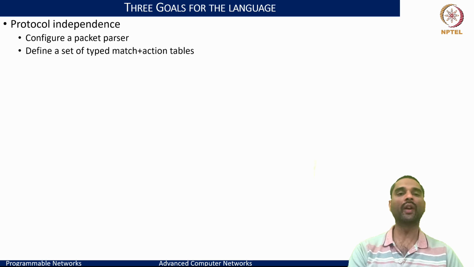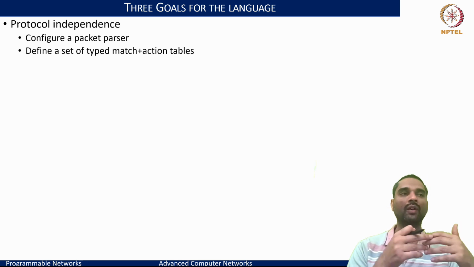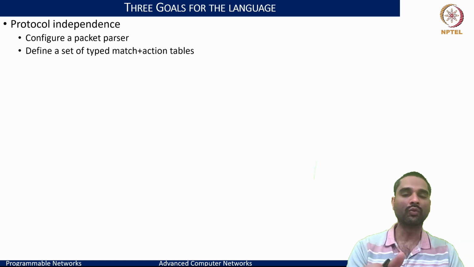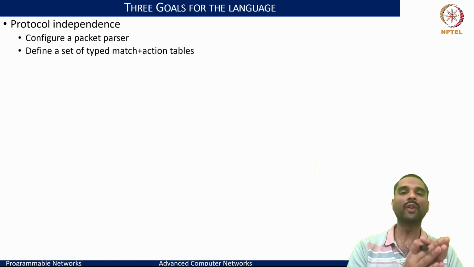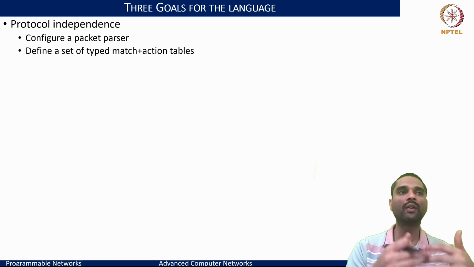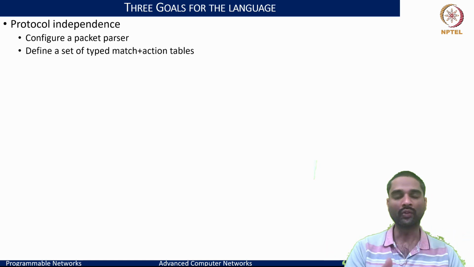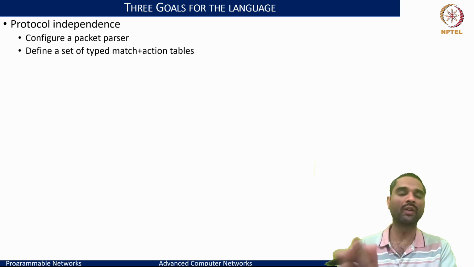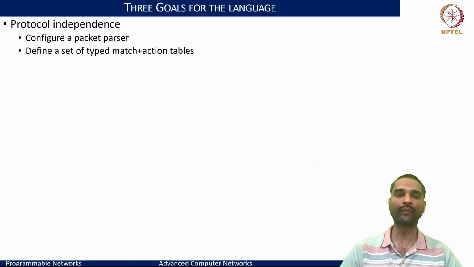That is, when we try to configure a parser, it has to be basically defined on a set of typed match and action patterns or headers. And there is no notion of a fixed set of headers that you would want to match. Every header that you would want to build is something that a switch should be able to learn and be programmed to understand.